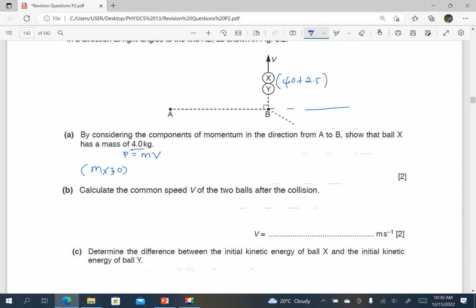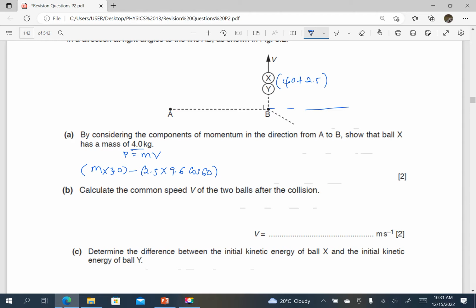It was moving to the right. Then minus, when I resolved the velocity of y in the horizontal, its momentum was 2.5 times 9.6 cos 60, because this in the horizontal was moving towards the left. And I said the sum of these two was total momentum in the horizontal before collision.